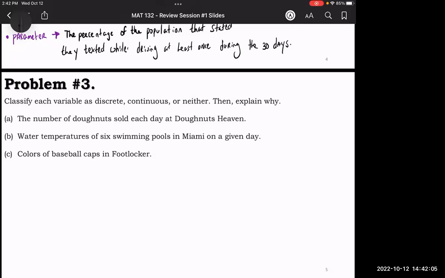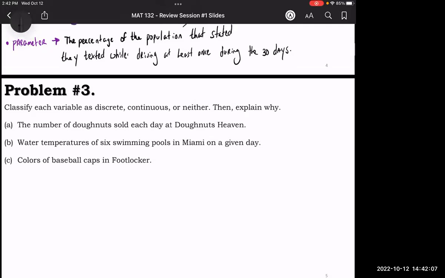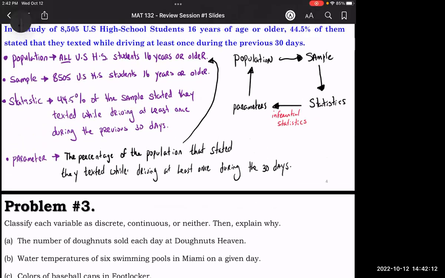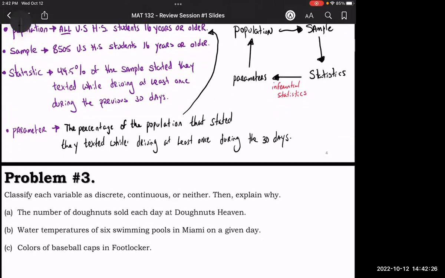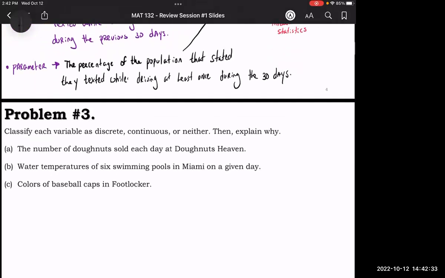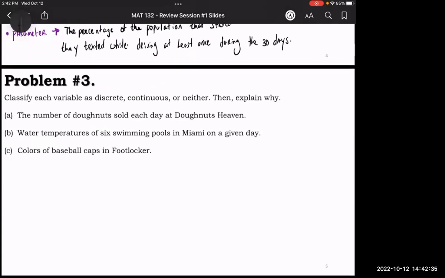Can you say that the parameter is the percentage of whatever our study was regarding? Yes. So it's going to be the percentage of the population that text while driving at least once during the 30 days. But we just can't say that it's exactly 44.5. We won't know that for sure until the inferential statistics is run. Sounds good? Okay, cool. I'm sorry about that, by the way, about your name.